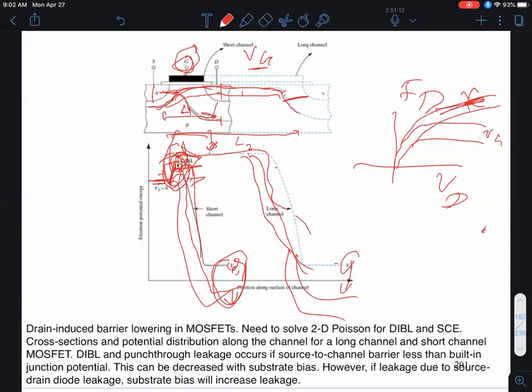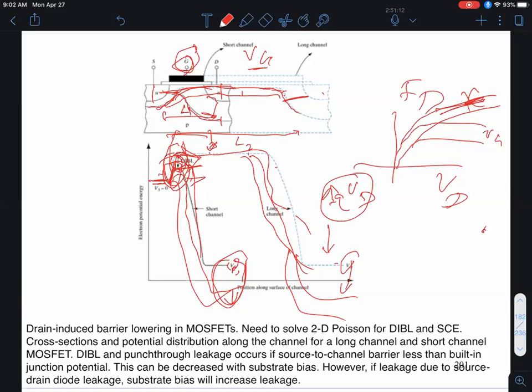Now, unfortunately, if you scale down the channel length, as shown by this solid line in the structure and the corresponding potential profile, what you find then is as you increase VD, the potential near the drain goes down because the electron energies are minus Q times VD.